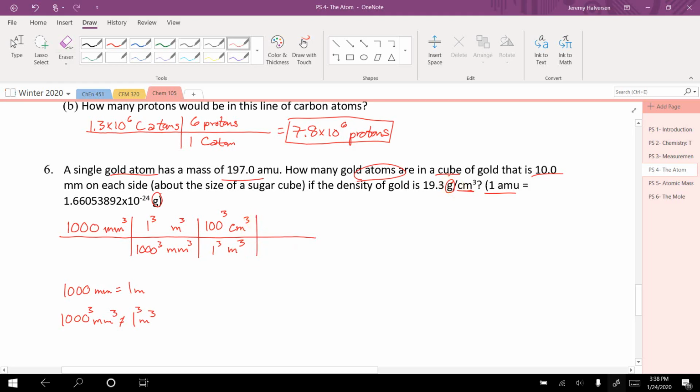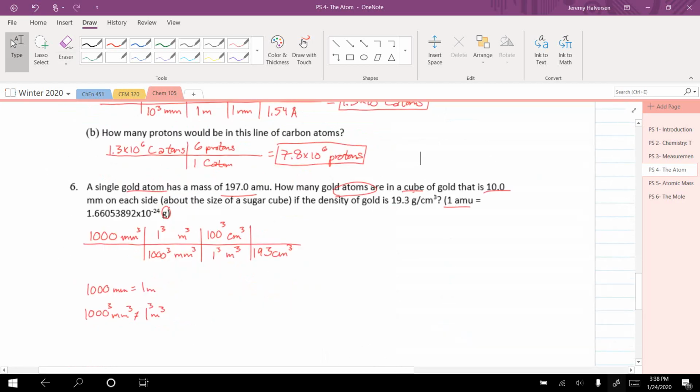Now I'm in centimeters cubed on the bottom, and I have this conversion of 19.3 centimeters cubed, oh, that's not true. I have this conversion of 1 centimeter cubed to 19.3 grams of gold.